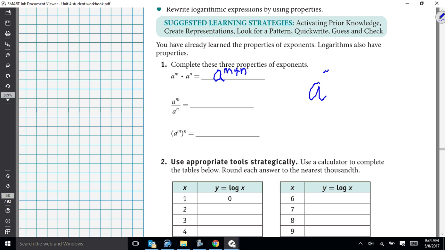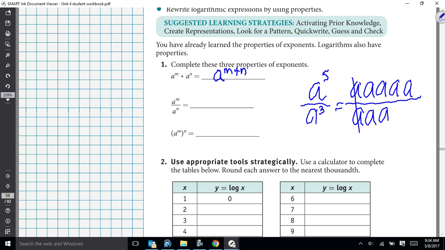If I have a to the 5 and a to the third, you subtract them, so I cancel out what they have in common. And so 5 minus 3 is 2. So a to the m minus n, we subtract them.